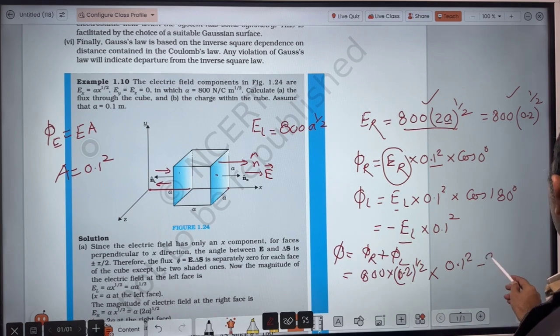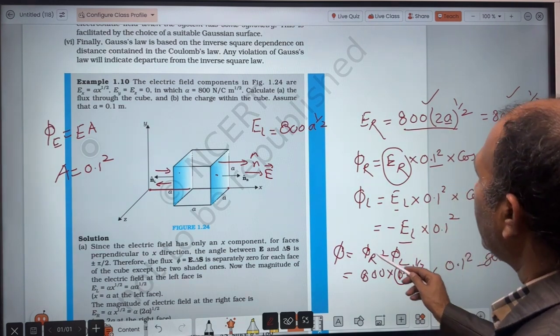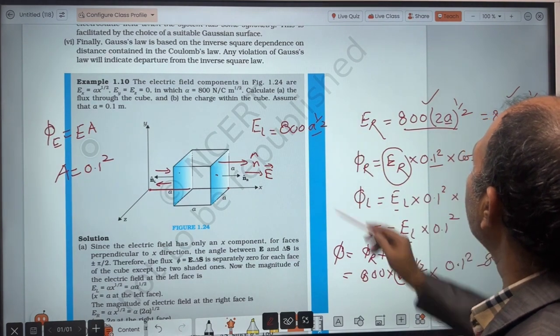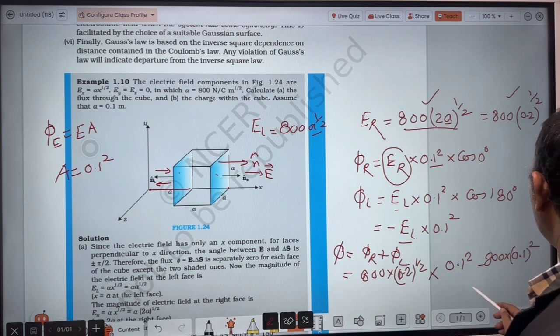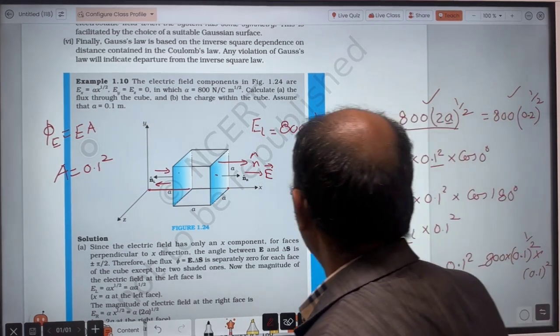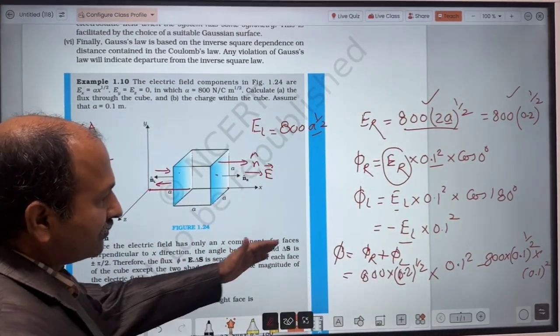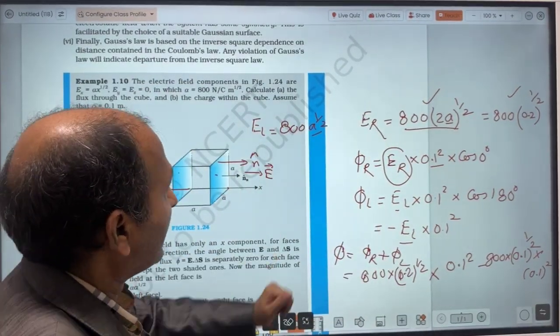EL is 800 into, here EL will be, we have evaluated 800 into A power half, that is 0.1 power half, into cos 180 we have taken, into area square, this is 1 half, and area square 0.1 whole square. Now we can simplify. So we will get total electric field, sorry, total flux.